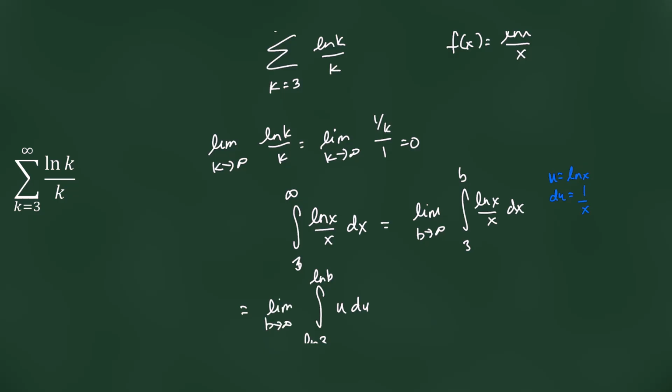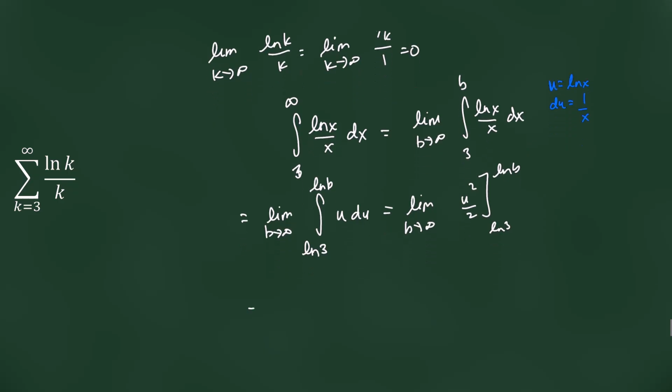Then that's going to be the limit as b goes to infinity of u squared over 2 from ln of 3 to ln of b, which is the limit as b goes to infinity of the natural log of b squared over 2 minus the natural log of 3 squared over 2.